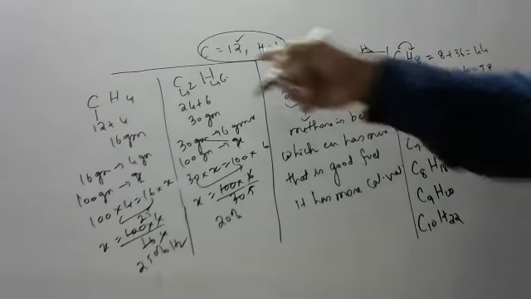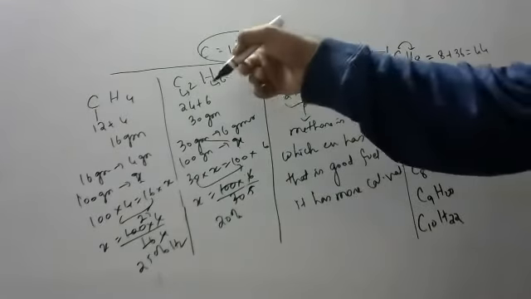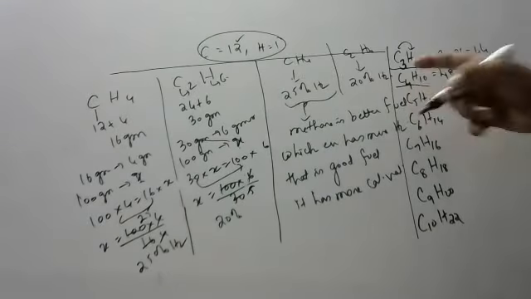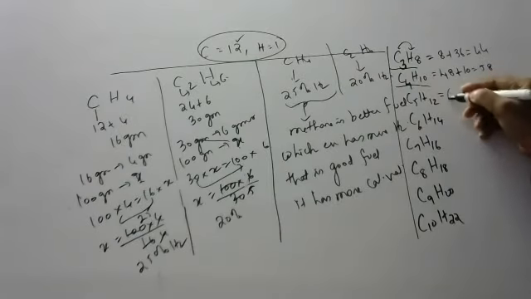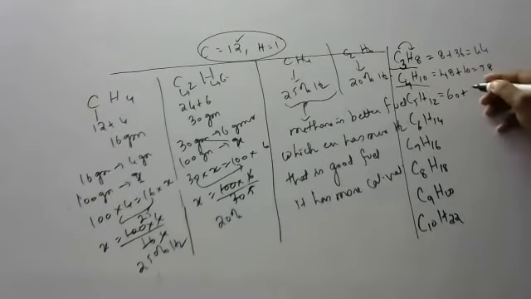Nandika, C5H12. 12 fives are 60, plus 12, so 72.